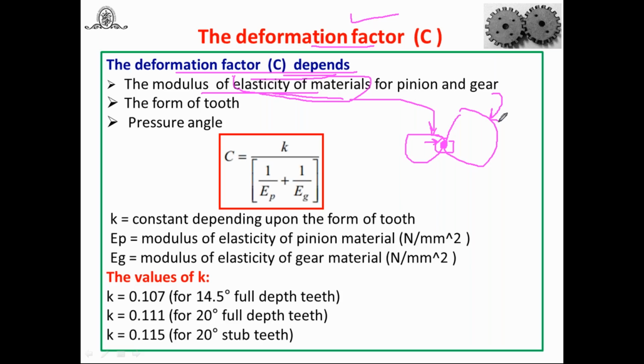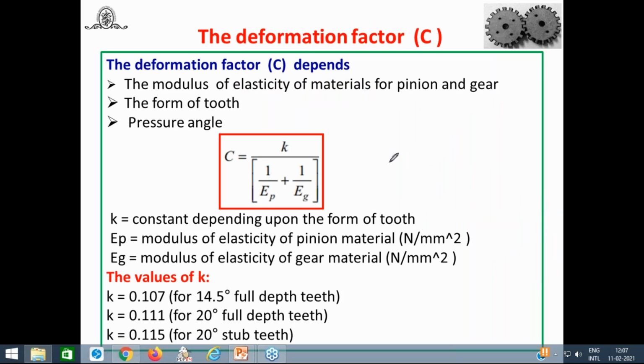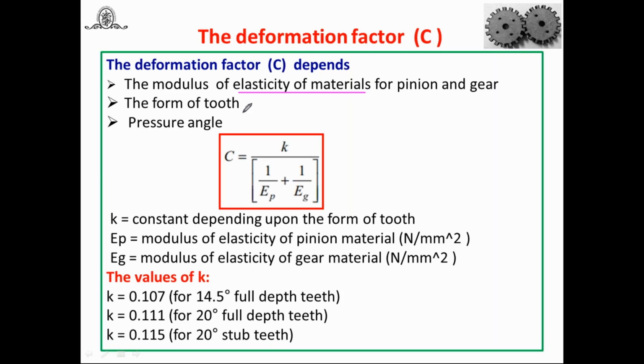To decide it, you have to use sigma B into Y, where Y is the Lewis form factor, for the pinion, or sigma B into Y for the gear. Whichever product is less decides which one is the weaker. I have already discussed that with you. But this deformation factor depends on the modulus of elasticity.